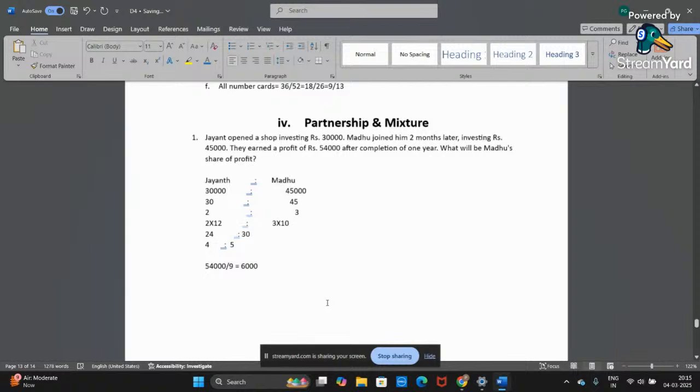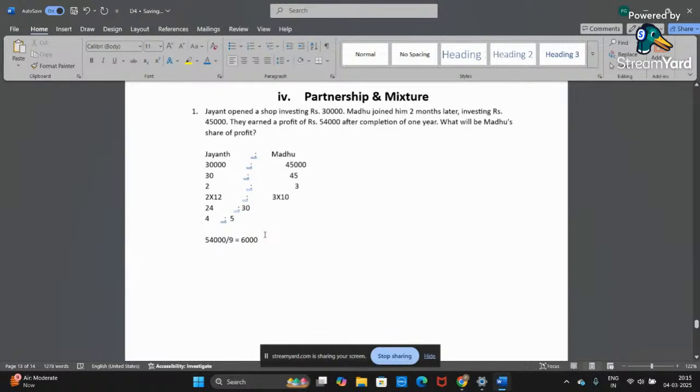So now we have to find Madhu's share. What is Madhu's share here? You have to take this 6,000 and multiply with his ratio. What is the ratio of Madhu? It is 5. Then Madhu's share will be 30,000. And what is Jayant's share?